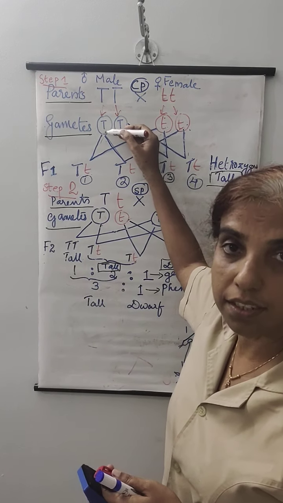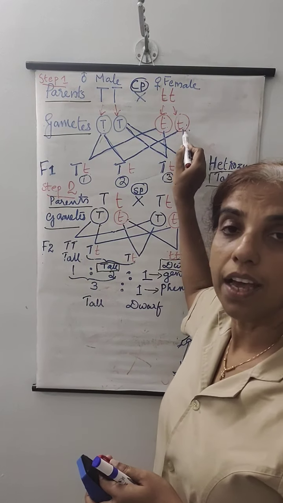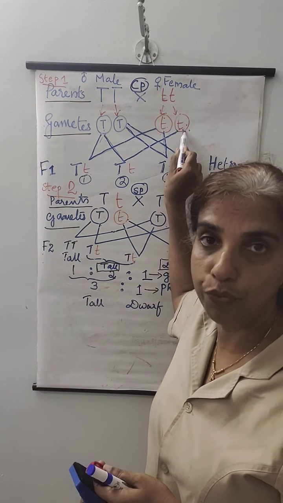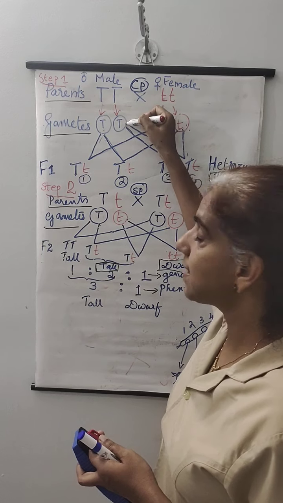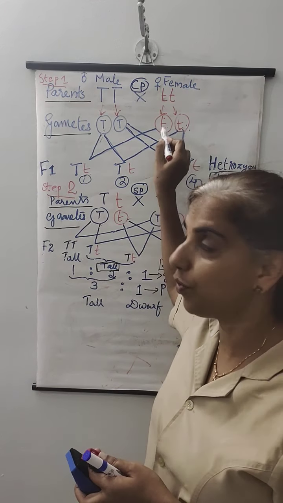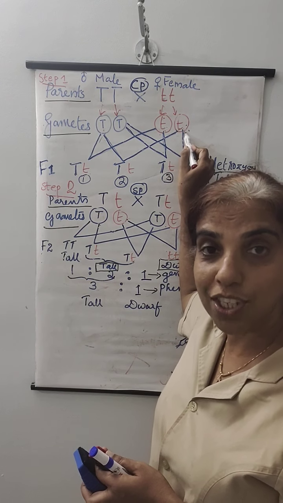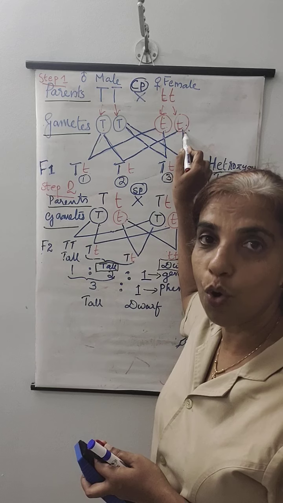Then second chance, the same pollen grain can have an option to the second ovule. Then the second pollen grain can have a chance to the first ovule. Then again the second pollen grain can have a chance to the second ovule.